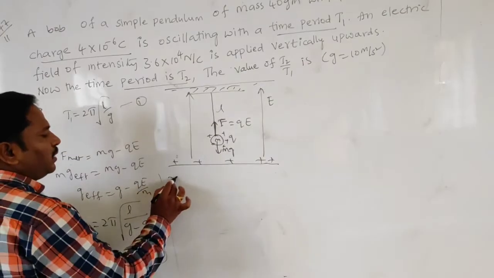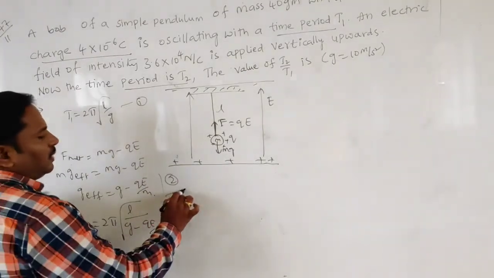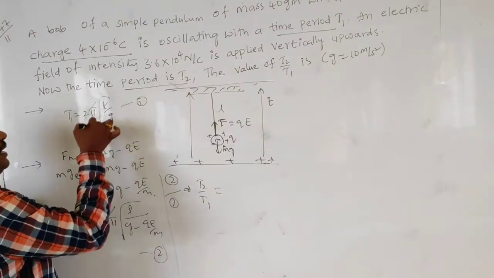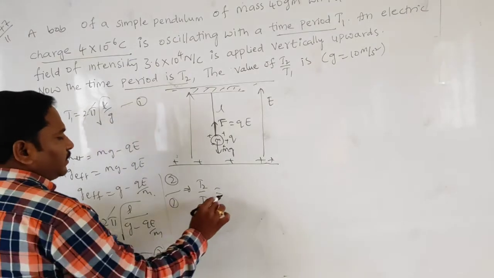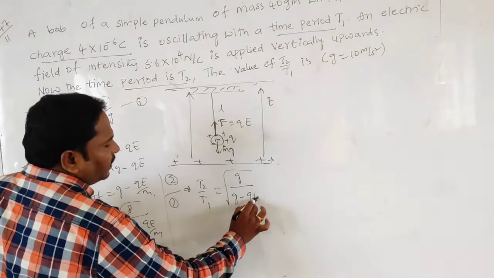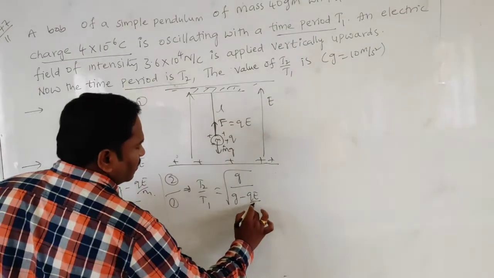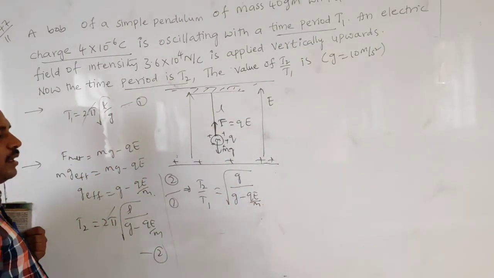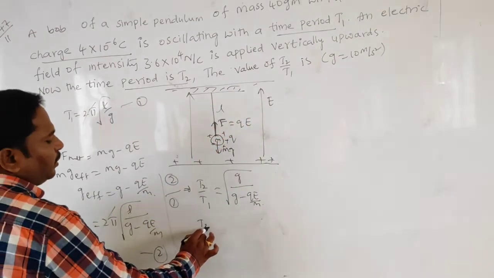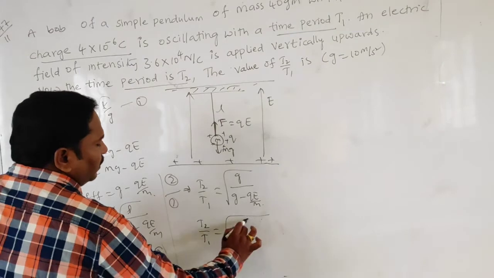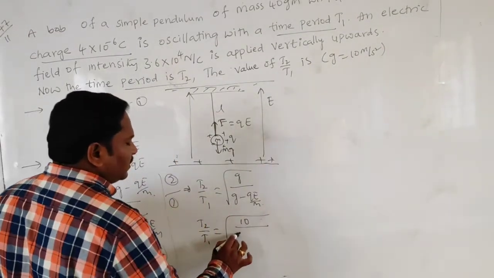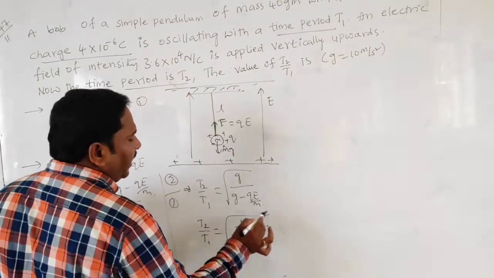Equation number 2, 2 by 1. That means T2 by T1. So 2 pi cancels, L cancels. So root over g by g minus QE by m. And here we have to take g equals 10. So T2 by T1 is equal to root of 10 by. First we have to calculate QE by m.